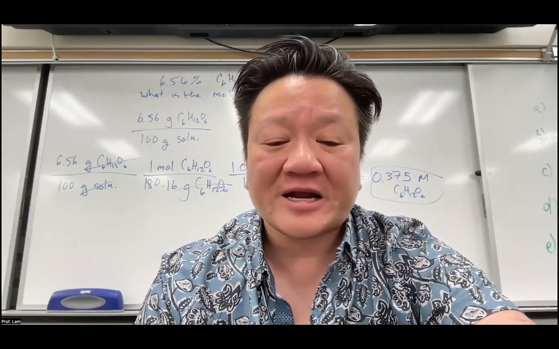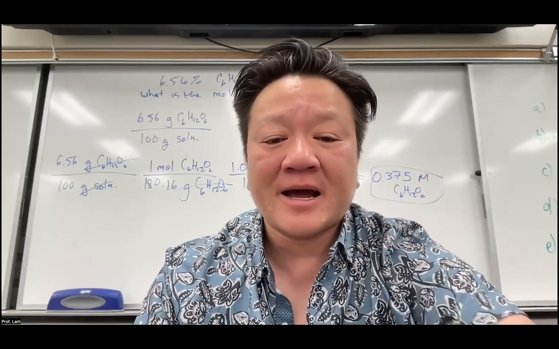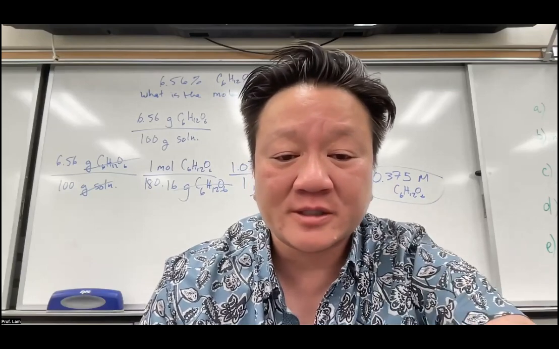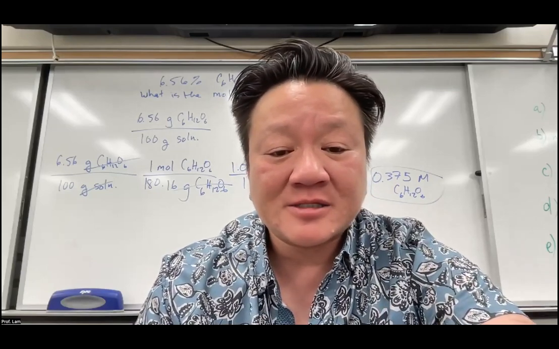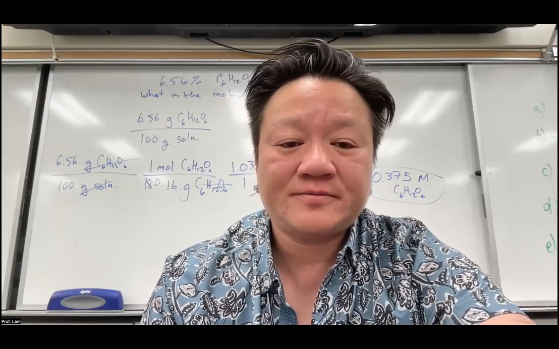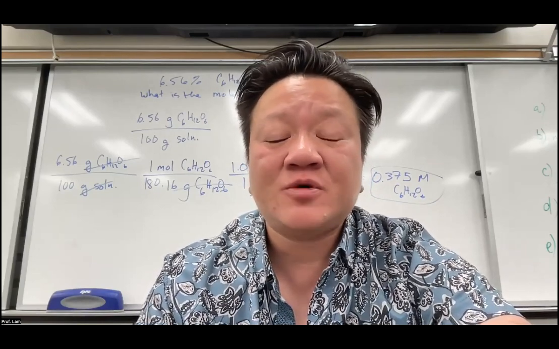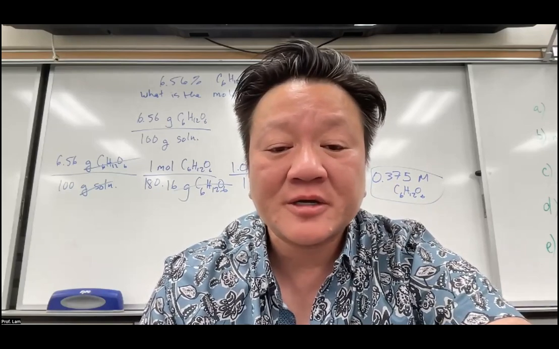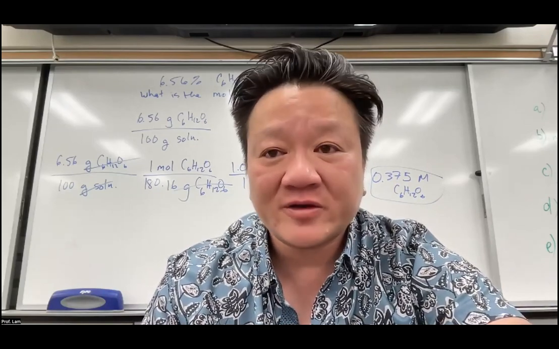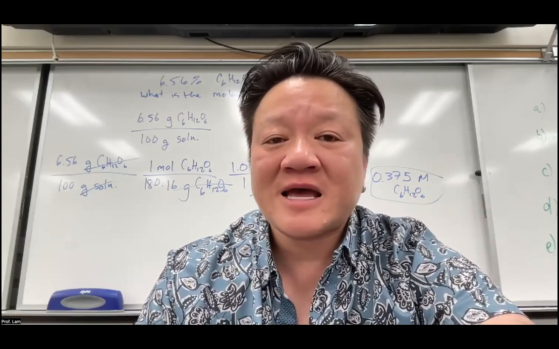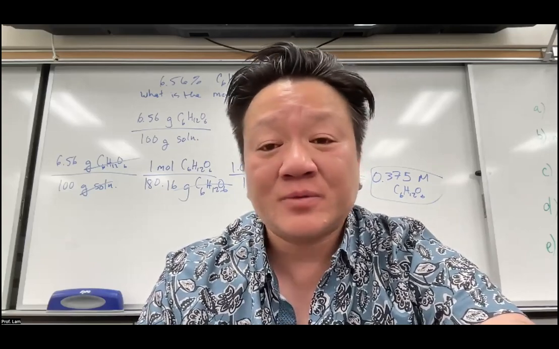This gets you your mole fraction, and then you multiply by the normal vapor pressure of water, which is 23.8 torr. So what you get is 23.4 torr. So we can see, right, that a solution will always have a lower vapor pressure than the pure solvent. And that's why for a solution, you'll always have a rise in boiling point.